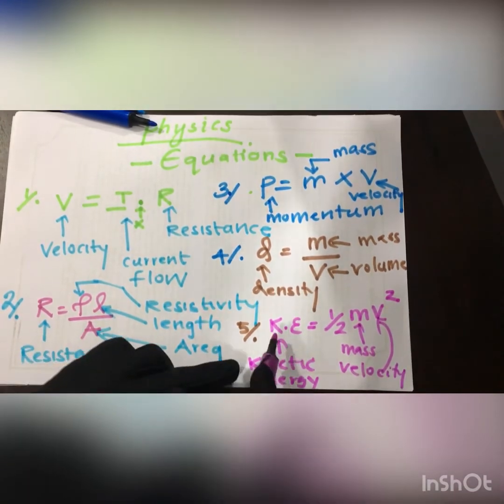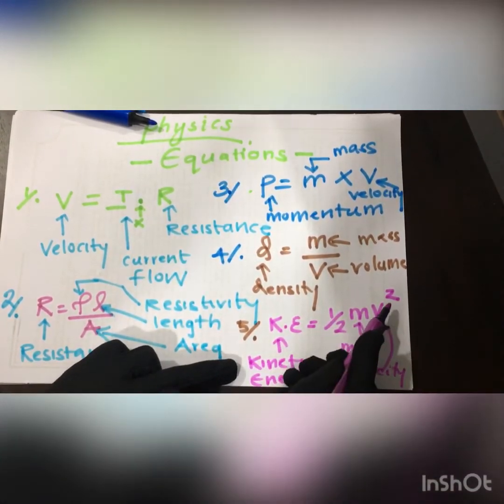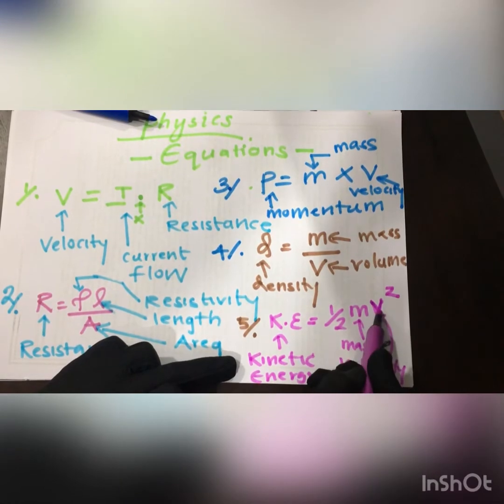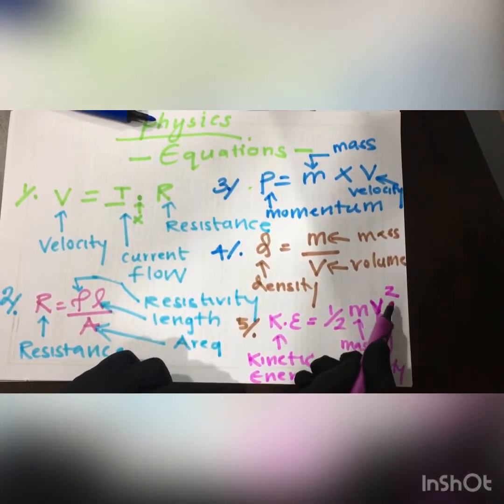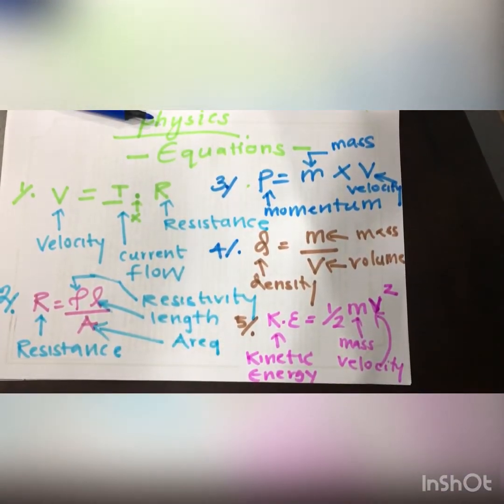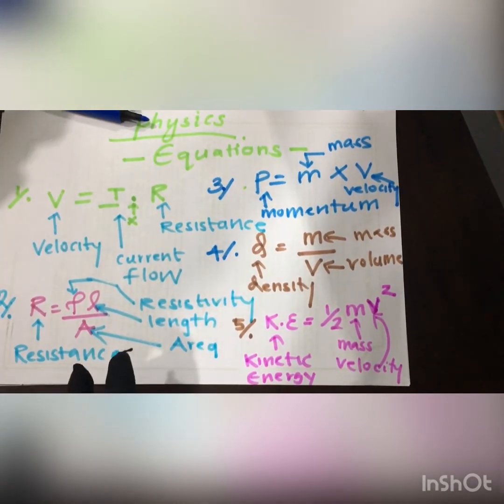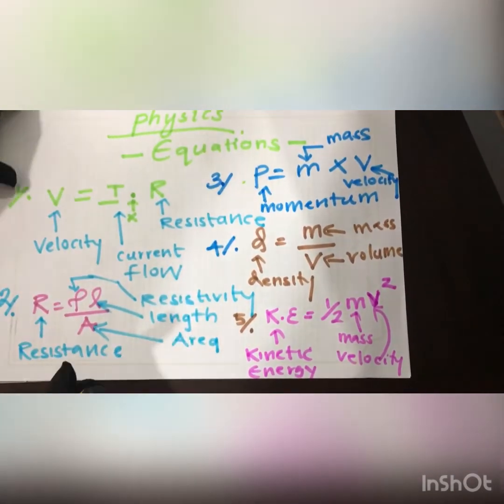But remember, kinetic energy equals half mv squared, which means v squared, the velocity, is doubled: v into v.